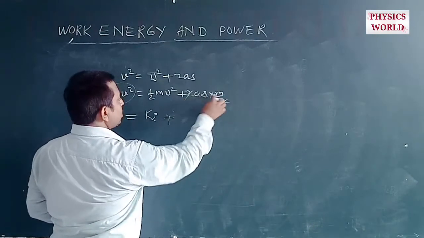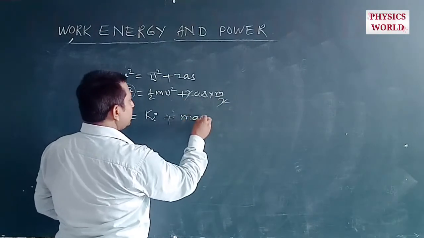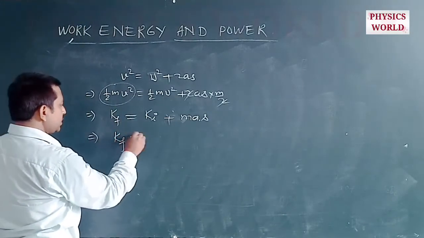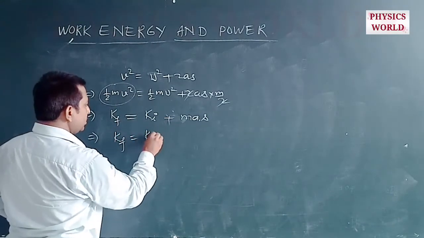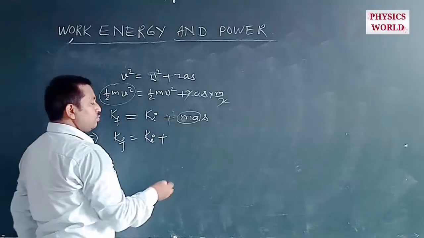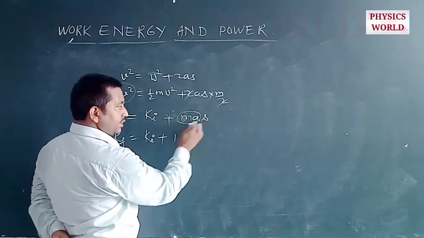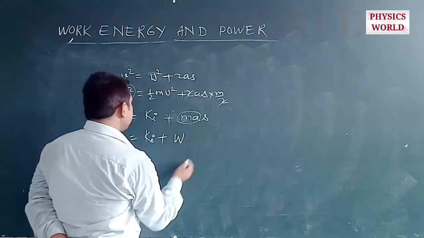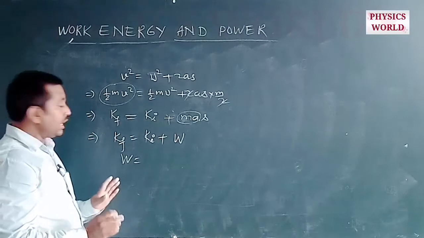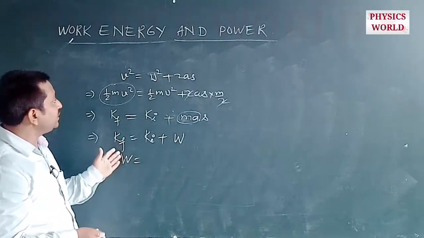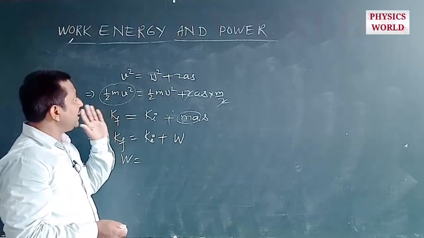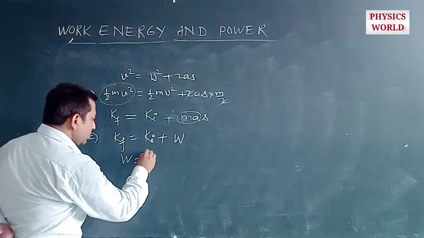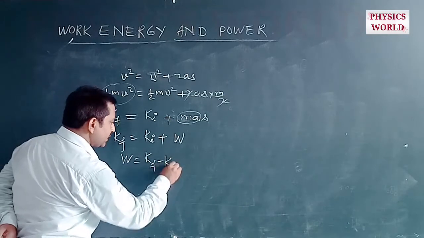This becomes ma times s, so Kf equals Ki plus ma, that is force, times s, the displacement. Force into displacement is work done. So from here we get the work done to change an object's kinetic energy from Ki to Kf, so this becomes Kf minus Ki.